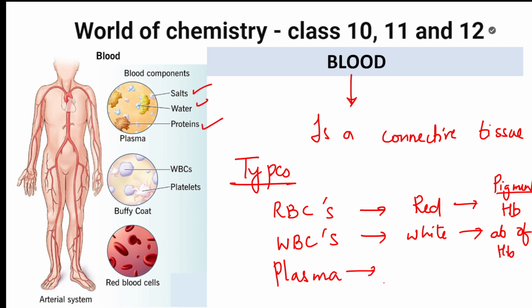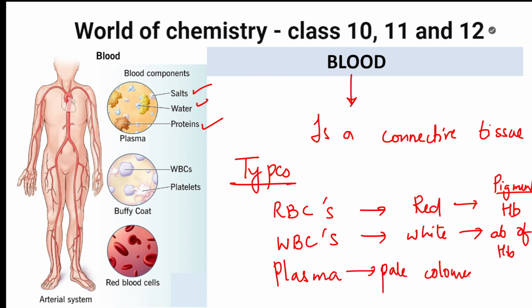Now, plasma is made up of proteins, water, and salts. Which color is this, students? It's like watery, plain, correct? Because it has water, I would say colorless rather. So blood plasma is a pale colored liquid.